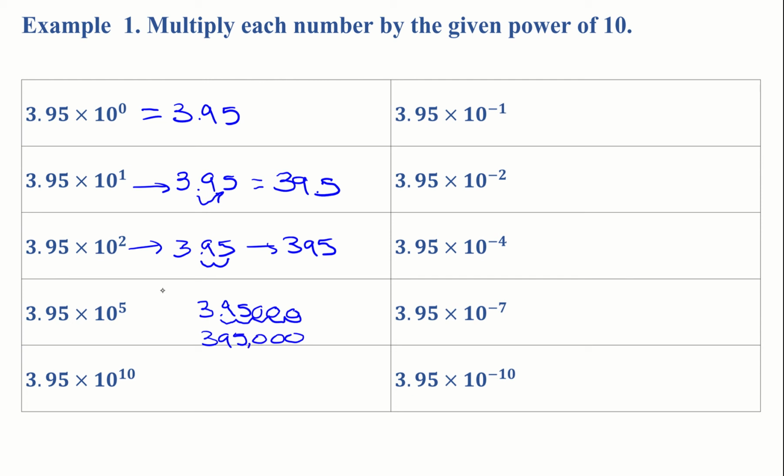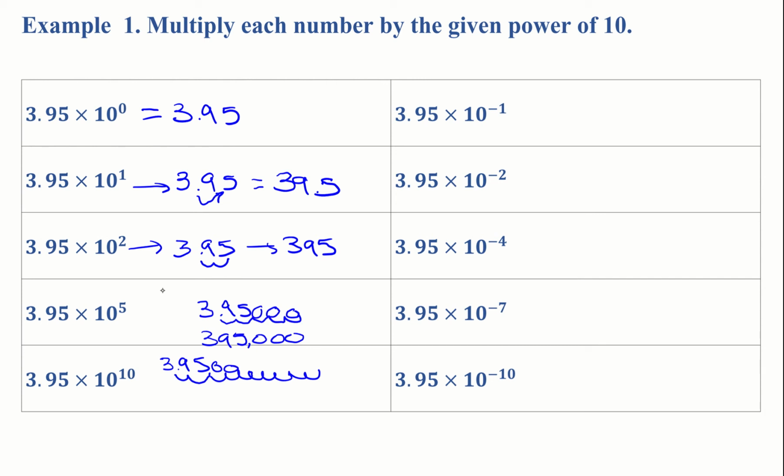When you multiply 3.95 by 10 to the 10, of course, you're going to do the same thing. It's just going to take you a little bit longer. You're going to move the decimal 1, 2, 3, 4, 5, 6, 7, 8, 9, 10.